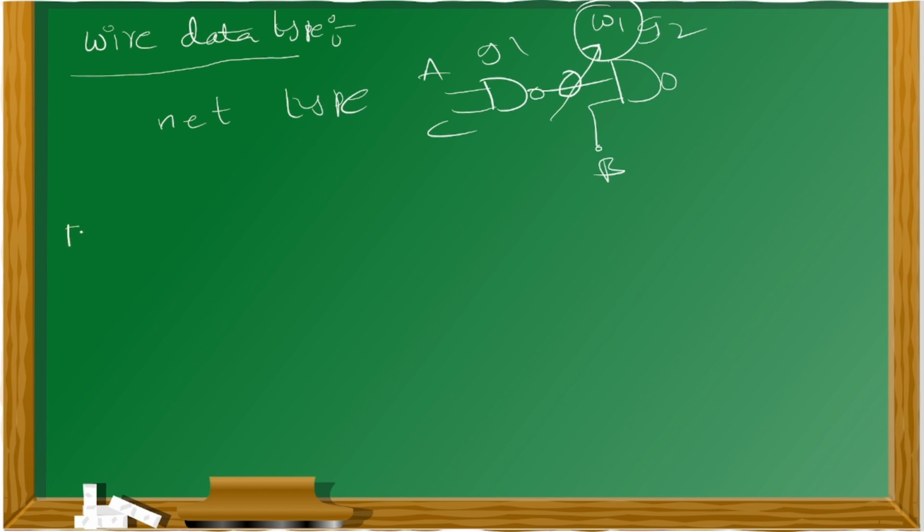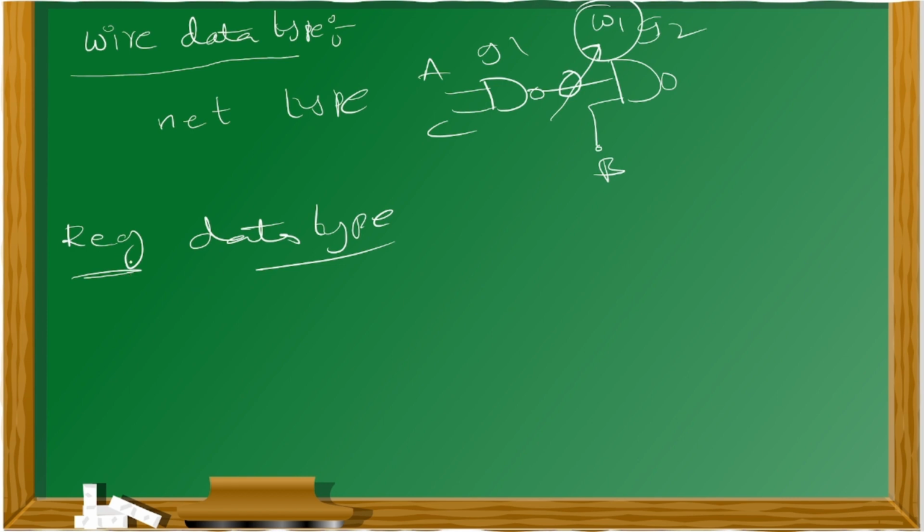Next, the register data type. We use the register data type to store some values. The word itself indicates it, as we have already studied registers in our digital electronics subject. Register means storing some data in binary form.